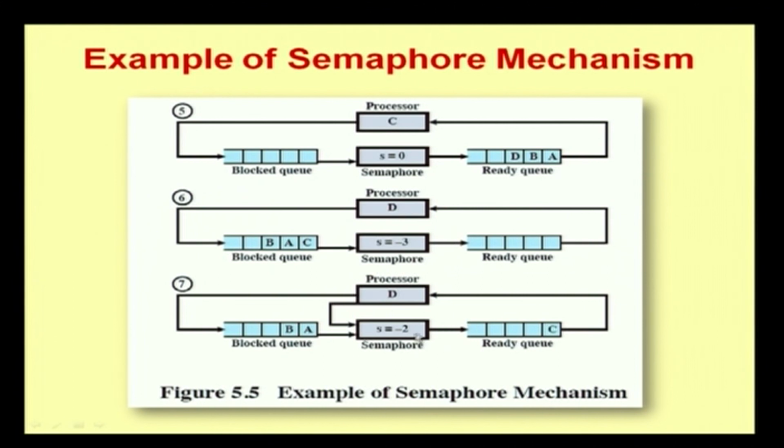So -2 plus 1 is -1. Then A uses it and A comes to the ready queue. Then again D produces an output, which will be used by B. So -1 plus 1 becomes 0. Now all these processes get completed. So this is an example of a strong semaphore.